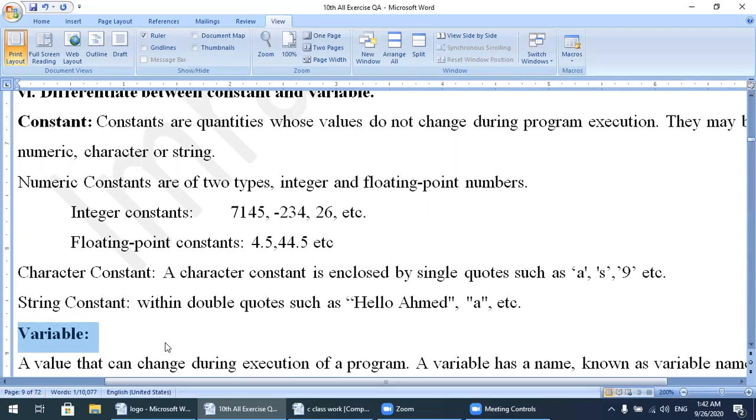While the value at the memory location is called a constant, and the name of the memory location is called a variable.